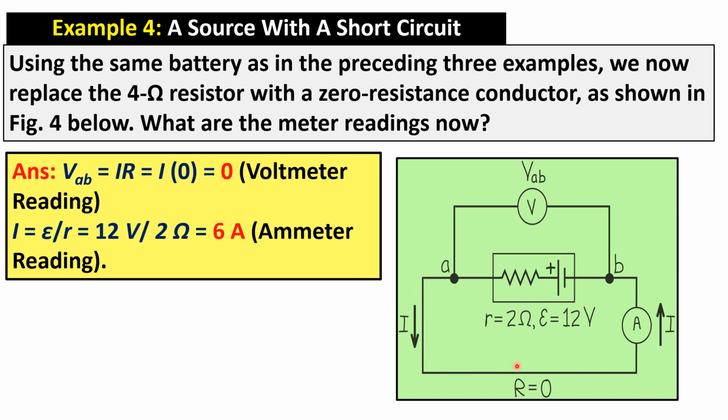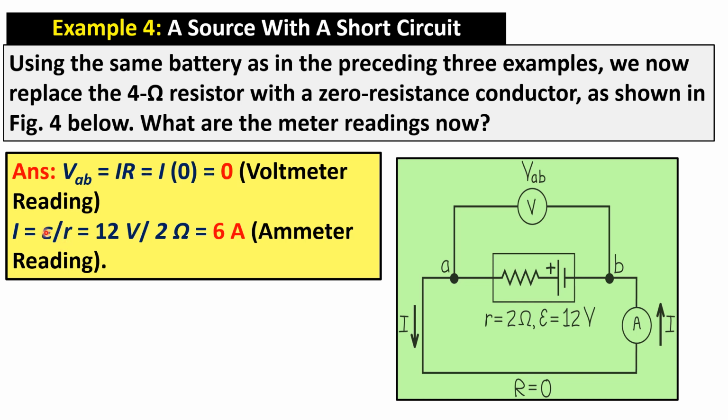So we expect a large amount of current in this circuit, and that is measured by the ammeter, right? We just use the formula I is equal to E or epsilon EMF divided by small r. Okay, there is no plus capital R because capital R is 0. So it's only epsilon or EMF divided by the internal resistance of the battery.